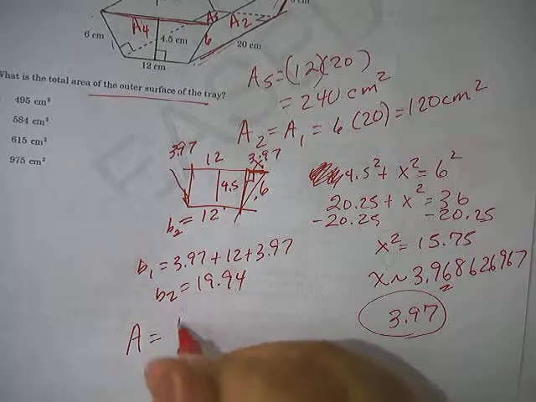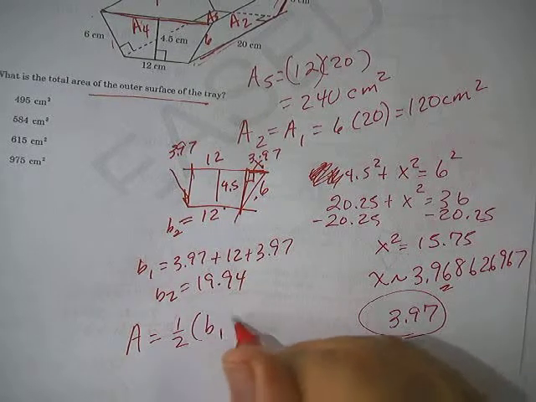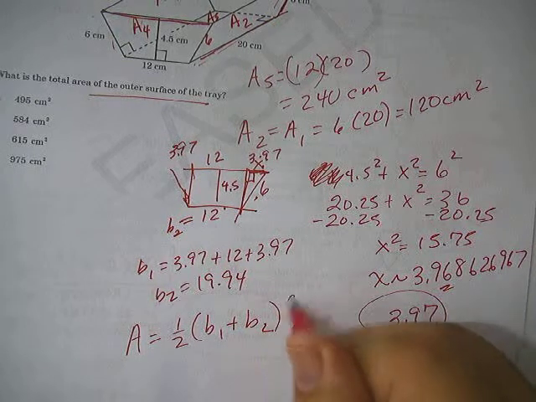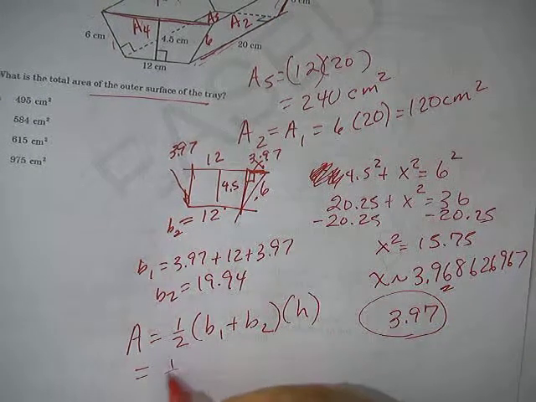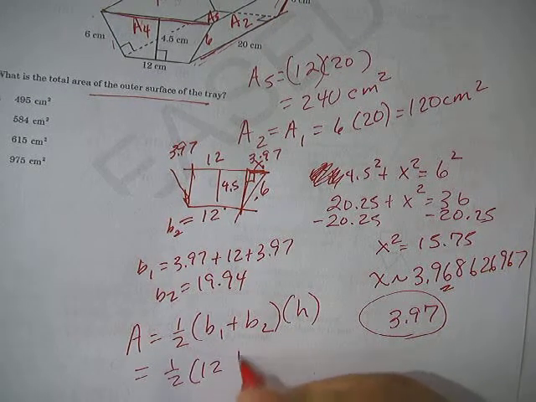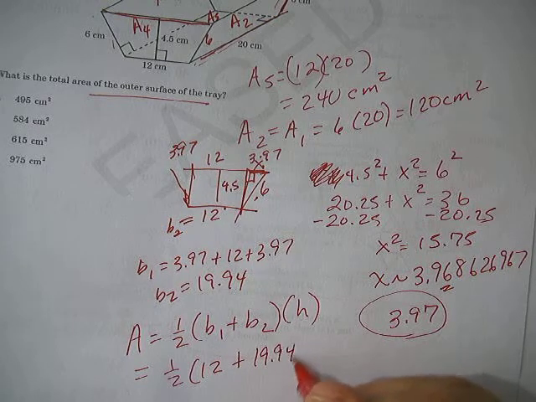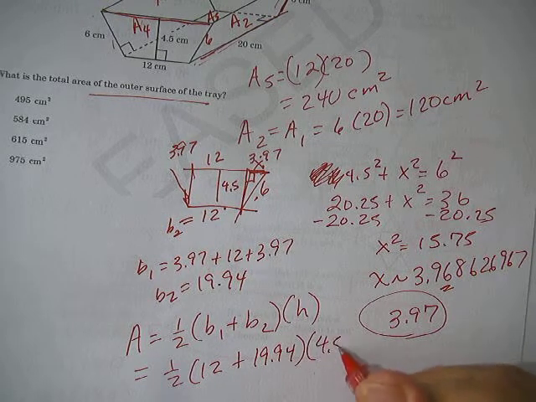Area of a trapezoid, which is on your math chart, is 1/2 base 1 plus base 2 times the height. So it is 1/2 times 12 plus 19.94 times 4.5.